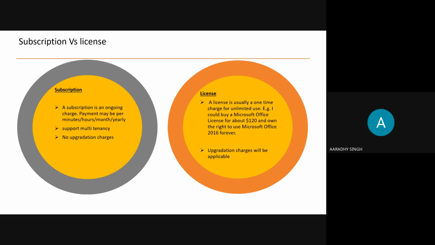There are very few services which work on the licensing model, for which you have to buy a license. An example is Entra ID. In that case, it's not per-minute billing and not the pay-as-you-go model. It's working on the licensing model. Whether you're using it after the purchase or not, you have to pay for it. While in the subscription model, if you have created anything, only if you're using it do you have to pay. So most of the Azure services are working on the subscription model.